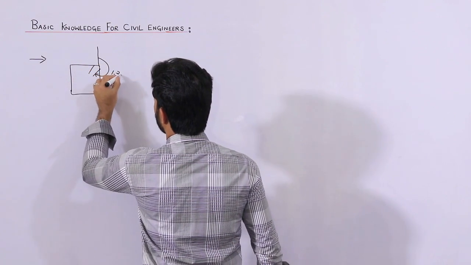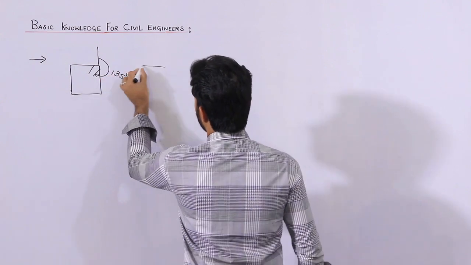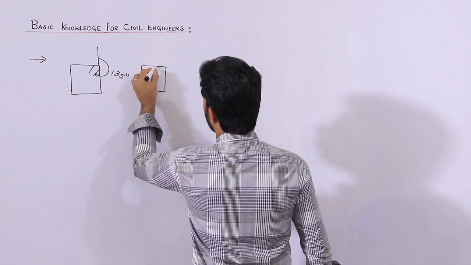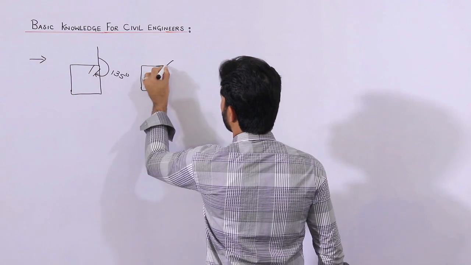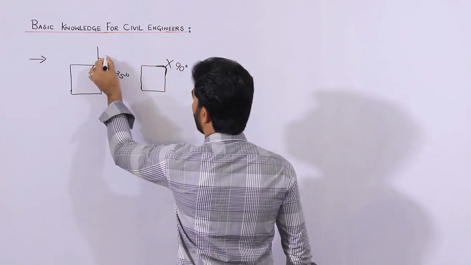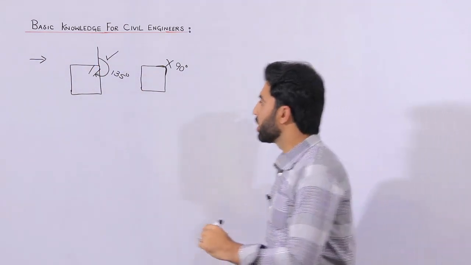This is very important. It should not be 90 degrees. Sometimes the hooks are provided at just 90 degrees, which is wrong. Don't provide the hooks at 90 degrees, but at 135 degrees. This is the first basic point.